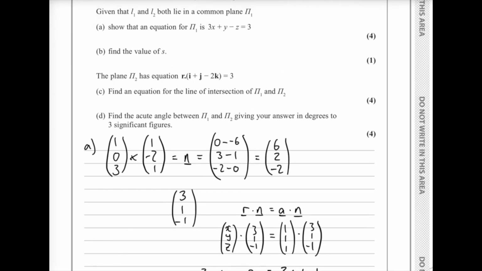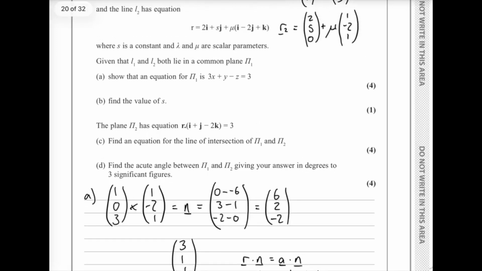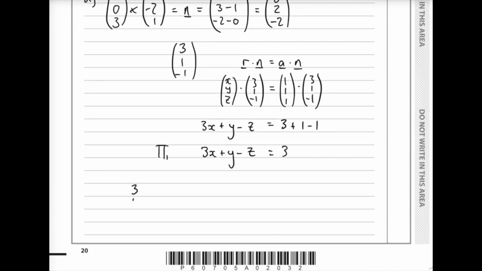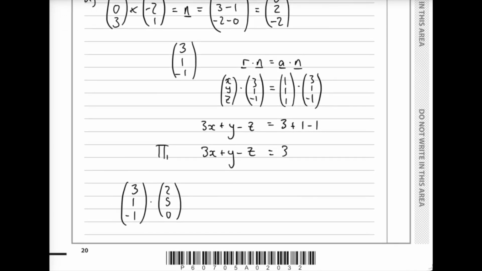Part B, find the value of s. We can do this because we could have taken this other point, and that dotted with the normal must also give us 3. So now we can do that knowing that we've got the 3 and work out s. 3, 1, minus 1 dot s, 0, just as we did here, that must equal 3.